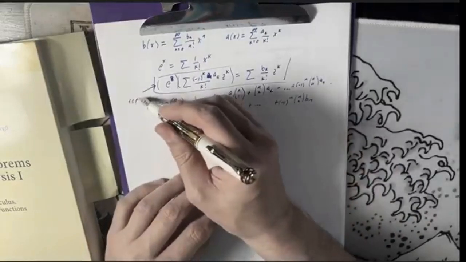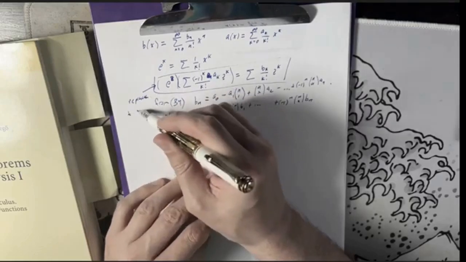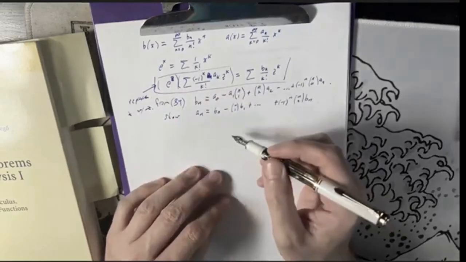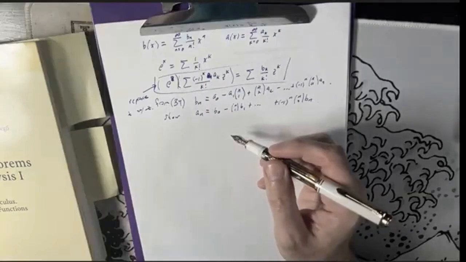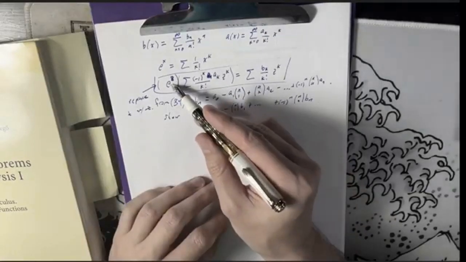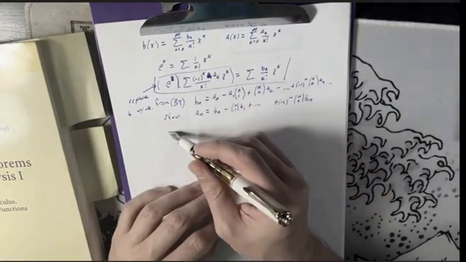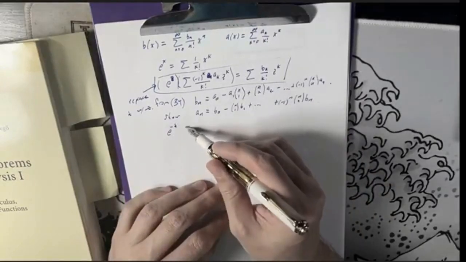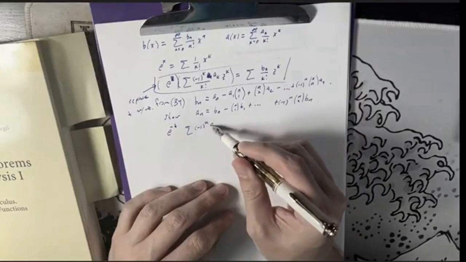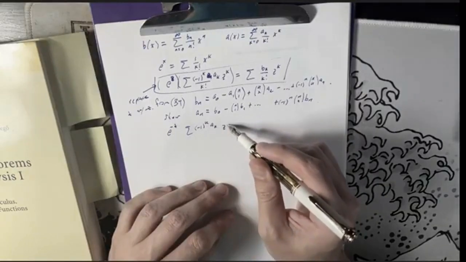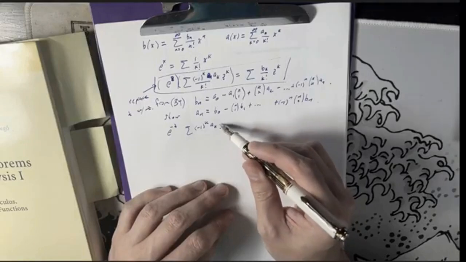Replace z with -z. And you'll get e to the -z on this side, but we're going to move it over here. So you'll have e to the -z times the sum, -1, ak, and I'll put a -z here, okay?